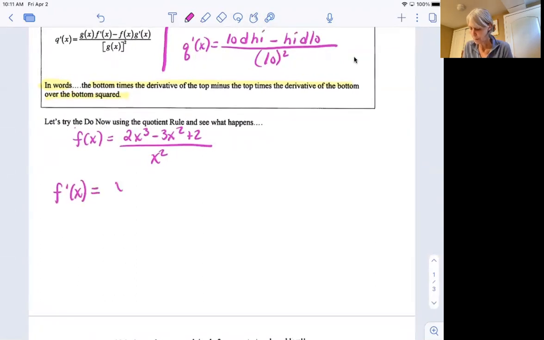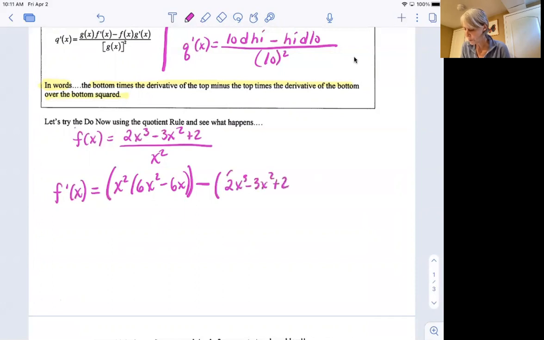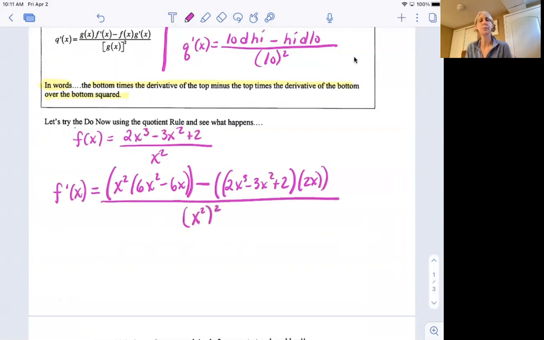The bottom times the derivative of the top, 6x squared minus 6x. Minus, and remember, this is one piece, minus the top, 2x cubed minus 3x squared plus 2, times the derivative of the bottom, over the bottom squared.